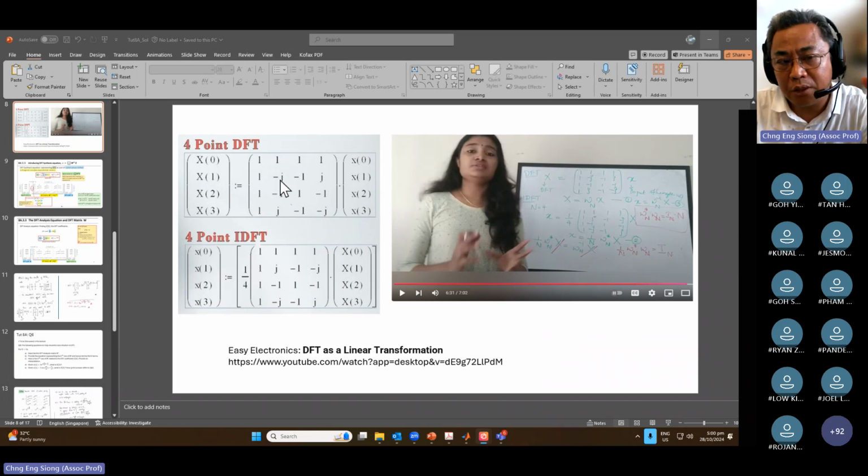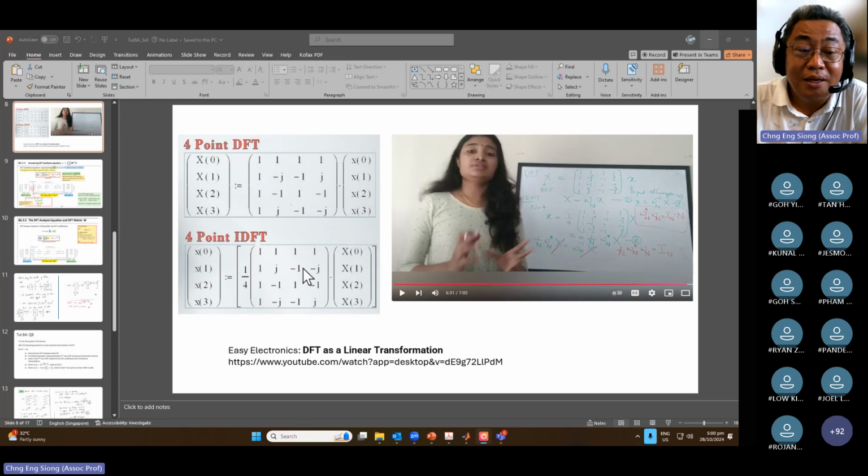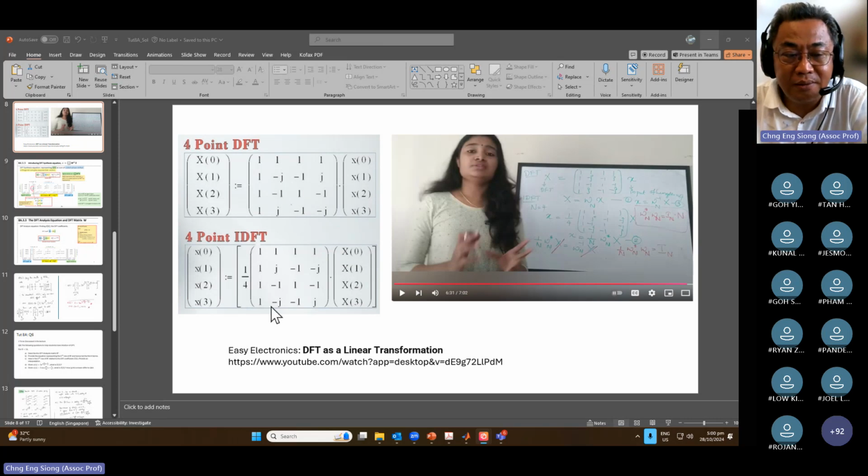The row becomes the column. Conjugate means that the imaginary number is conjugated. Minus j becomes plus j. Minus 1, no change. j becomes minus j. So 1, j, minus 1. So you realize that because the matrix is symmetric, it is nothing but just conjugating every element. So that's it.